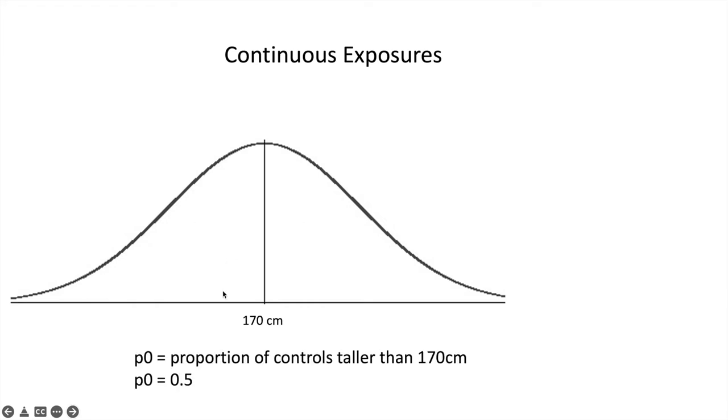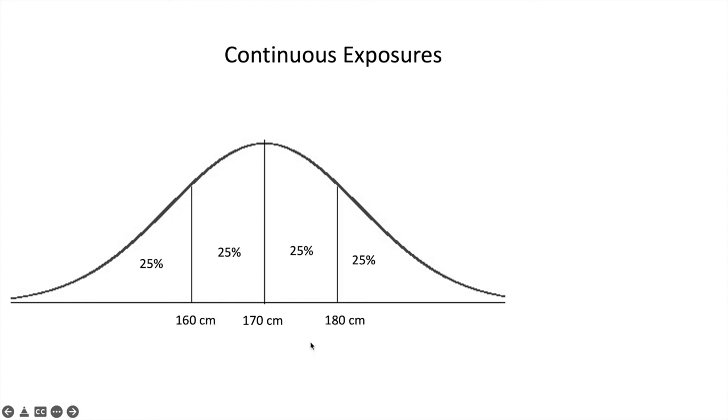Now, like I said before, P naught, the proportion of controls exposed, the controls represent our underlying population anyway. So we can assume about half of the controls are going to be exposed because half of the population is exposed. We made that happen on purpose, that it's 50-50. So we can say about half of the controls are exposed.